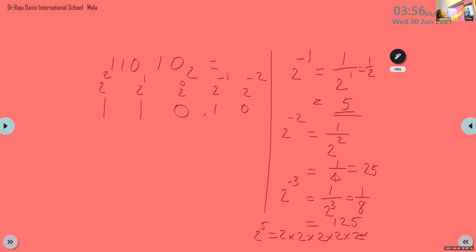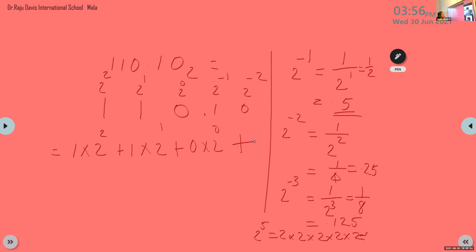Okay, so we can move to the conversion. Here, 110.10 is the question. So we write 1 into 2 raised to 2 plus 1 into 2 raised to 1 plus 0 into 2 raised to 0, then again use plus. Here a point is there; you don't bother about this point, just add a plus symbol, like normal addition.